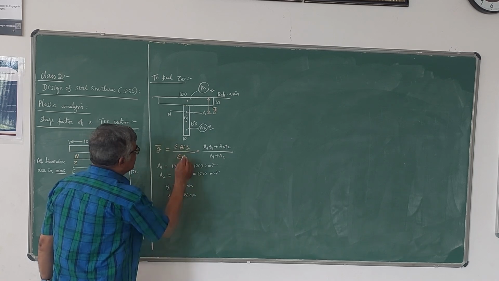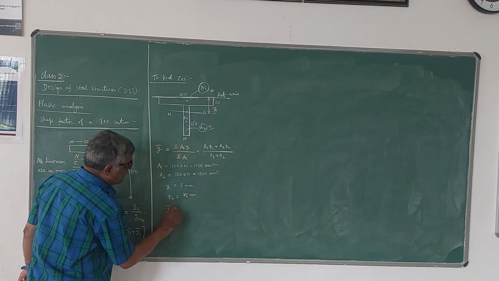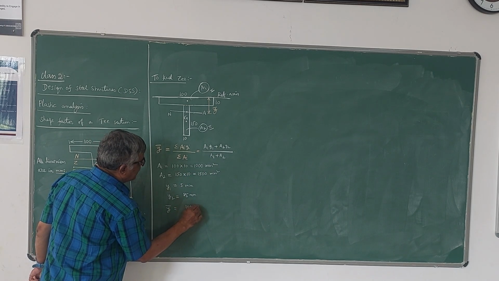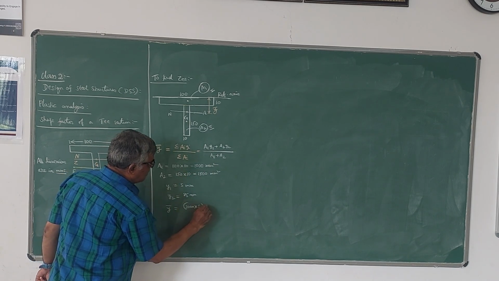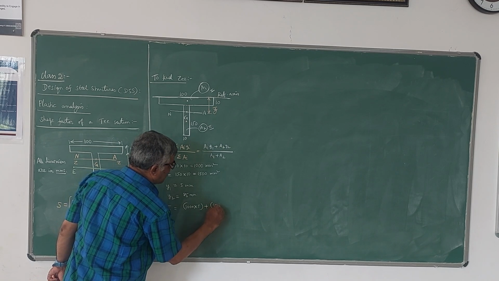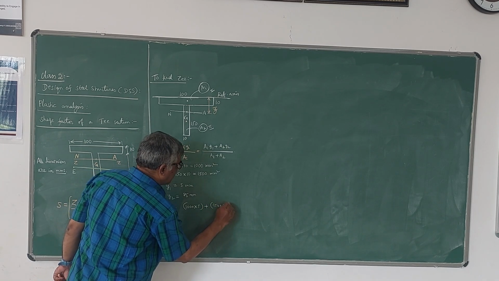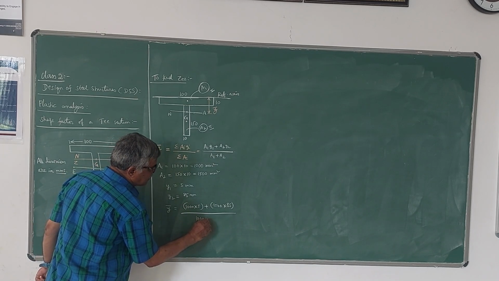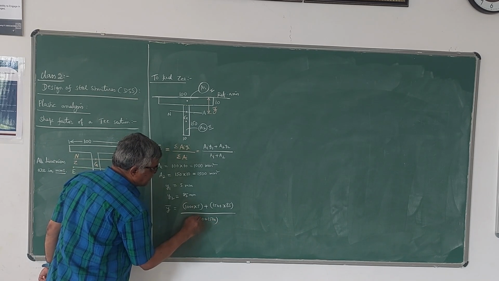Now substitute these values and simplify. Y bar will be A1, which is 1000, into Y1, which is 5, plus A2, which is 1500, into 85, divided by 1000 plus 1500, that is A1 plus A2.